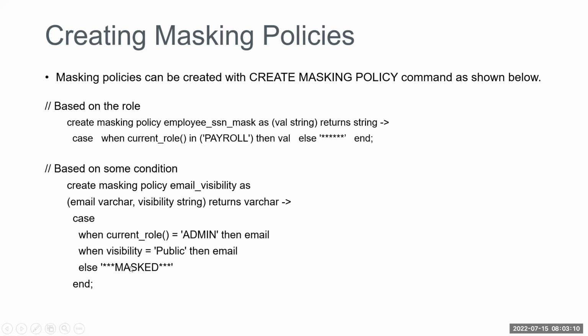Here visibility is a column present in our table. When this column value is public, then you display the actual data. Whenever both conditions are not met, then you mask the data. So these are the two ways we can create the masking policies, based on the role and based on the condition.